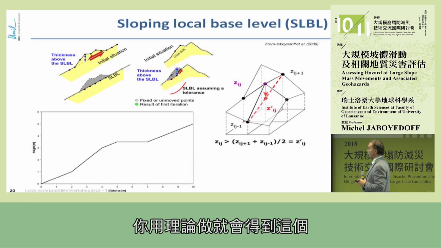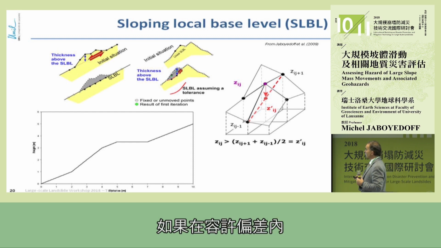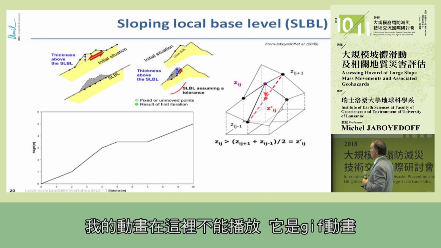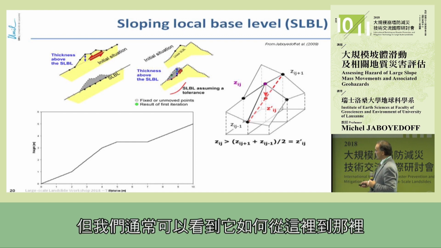And you do that iteratively, and you will reach this. And if you add a tolerance, you will get a quadratic surface or a line, and then you can curve it. Here my animation doesn't work. It's a GIF, but normally you will see how it comes from here to there.